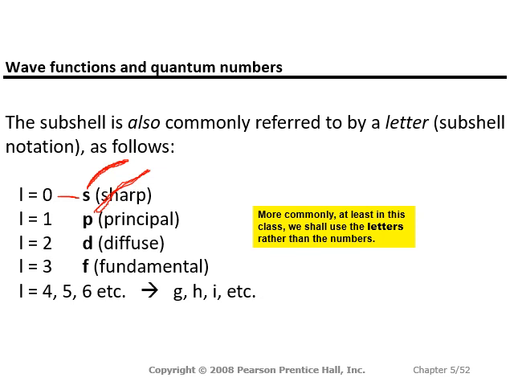It really looks more like a dumbbell, but dumbbell starts with D, so it doesn't match. And then D's are different, and I'll show you a picture of those in a moment. So that would correspond to L equals 2. And this is L over here, not 1. So that is the letter L. And then L equals 3 corresponds to an F suborbital.